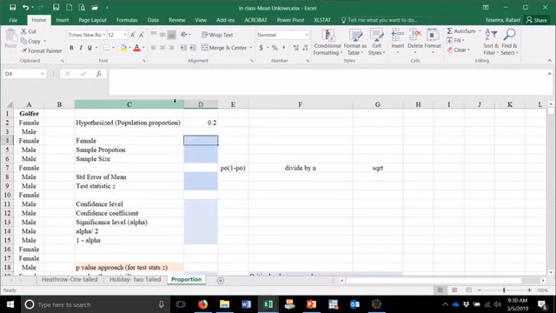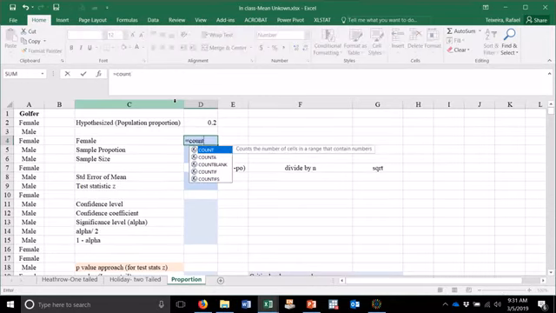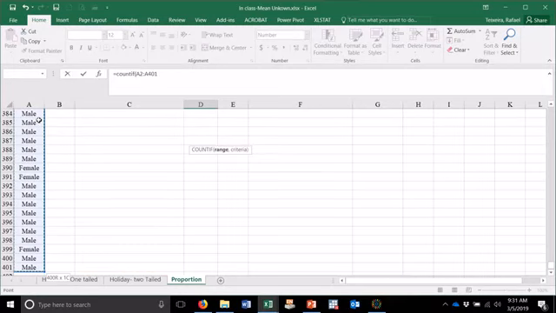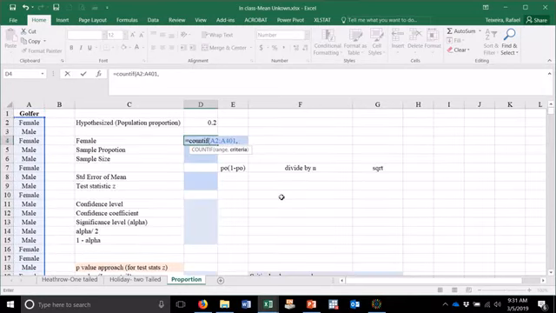And then I have to count how many females we have in our sample, and how I do that is type equal COUNTIF, open parenthesis, and then I have to select a range, which is the entire range of our sample, and then I type comma, and then I have to determine what the criteria is that I want to count.